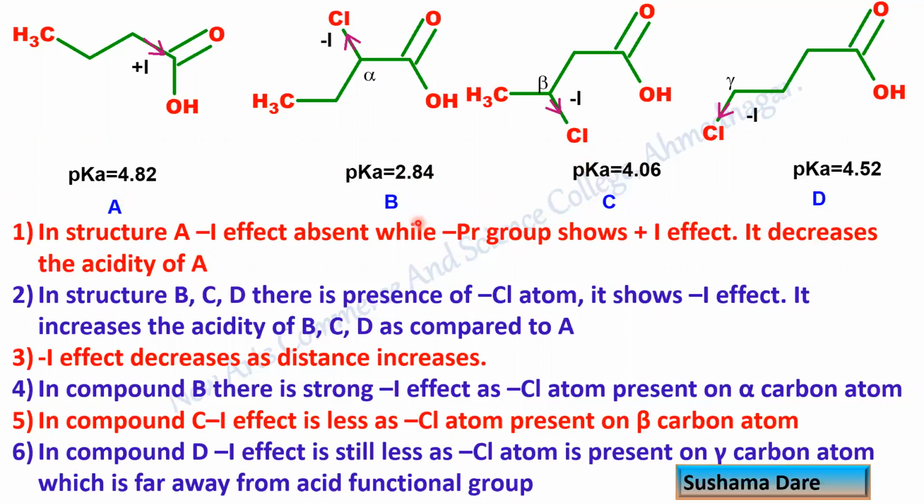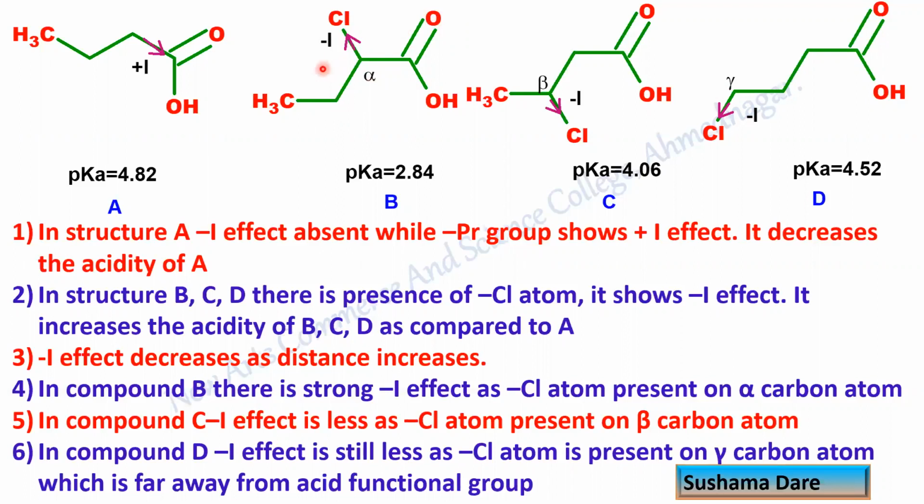But look at the trend in compound B, C, D. B is a strong acid as compared to C, as compared to D. What is the reason behind it? Electron withdrawing group is present on alpha carbon, then on beta carbon, then on gamma carbon. Now the distance goes on increasing from the acid functional group. You already know the inductive effect depends on distance.